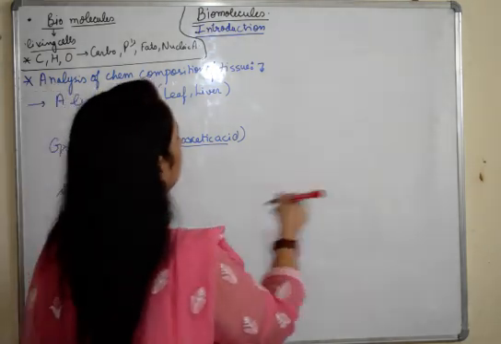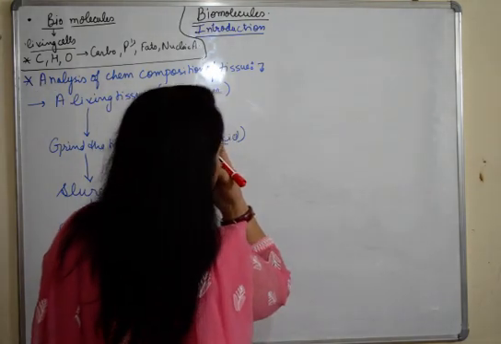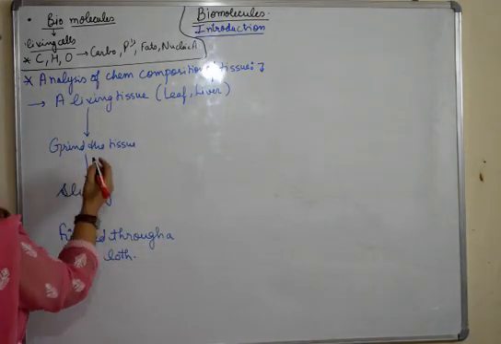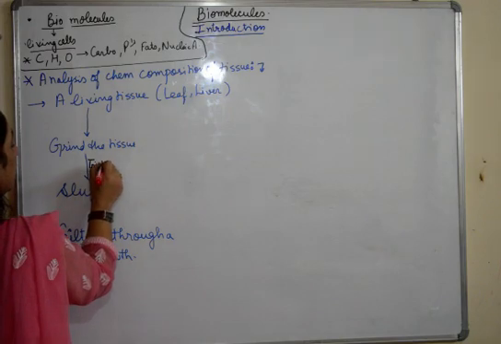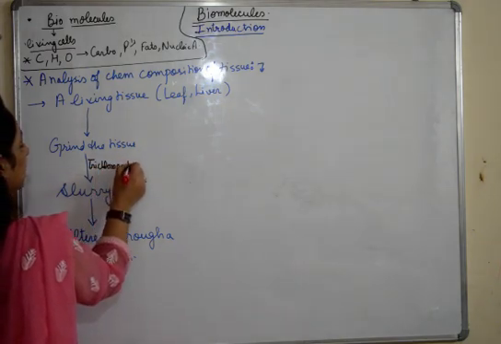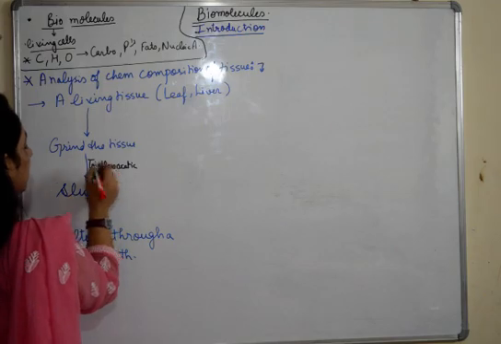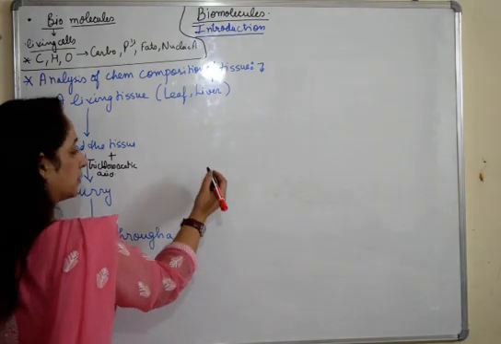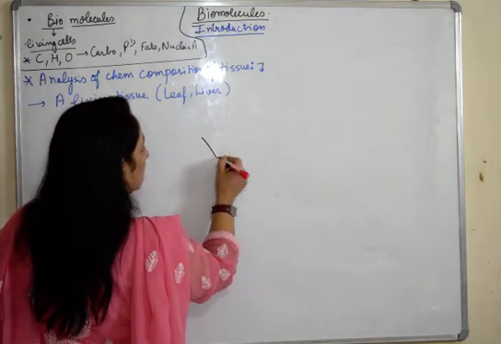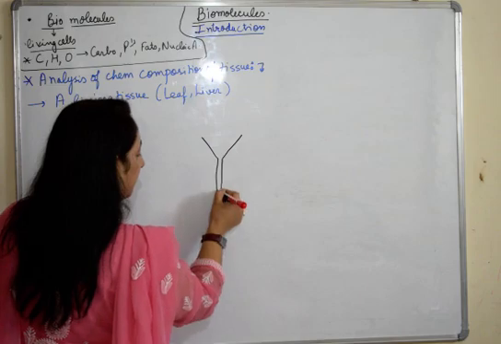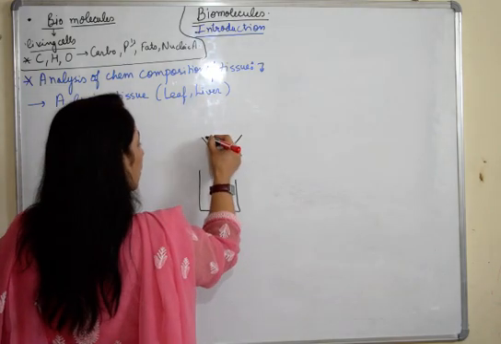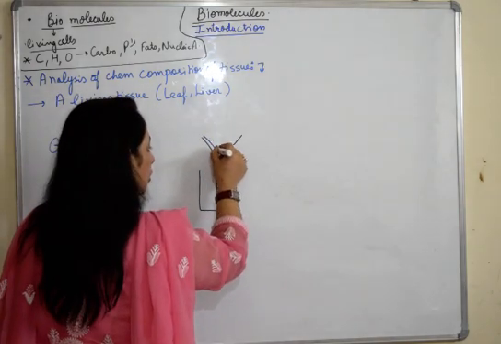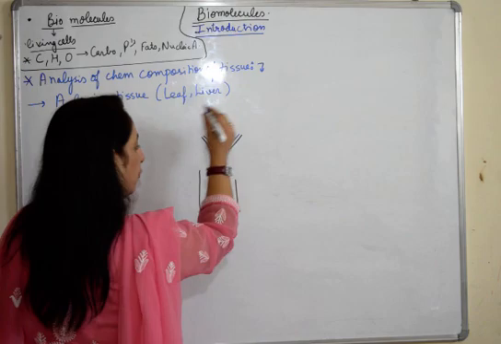Now I'll write it here, because I need some space to write about the different components. So we'll write this here in the presence of trichloroacetic acid, dissolved in it, ground with it. Now what do we get? I'll make a small diagram for it. Suppose this is our filtrate. Herein we have placed the cheesecloth, and we have poured the slurry in it.